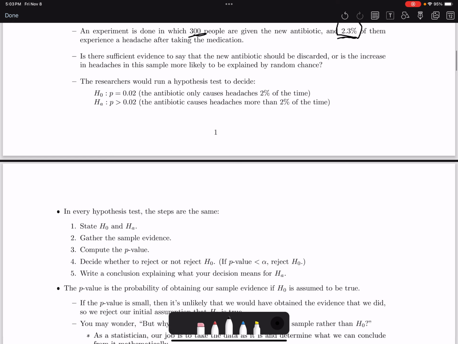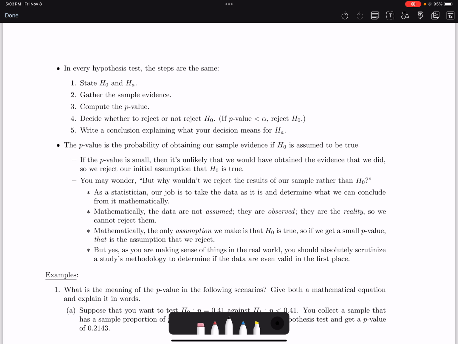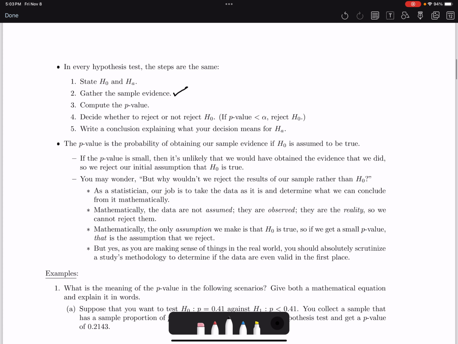When we go to test a hypothesis like that one, we follow the same 5 steps every time. Step 1 is to state the null and alternative hypotheses. Step 2 is to gather the sample evidence. Step 3 is to compute the p-value. The p-value is the probability that we would obtain the sample evidence that we obtained in step 2 if, in fact, the null hypothesis were true.